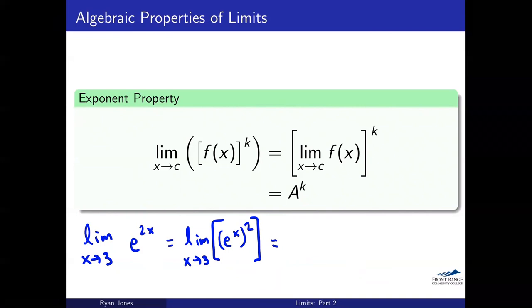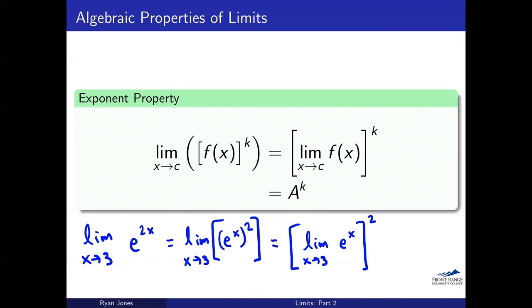But now with this exponent property, I can take the entire limit and pull that squared out. And there we go. Now I can just do the limit of e to the x, evaluate that, and then square it. That might be helpful because e to the x is a little bit easier for me to graph than e to the 2x. So I've saved myself some work on the graphing there.